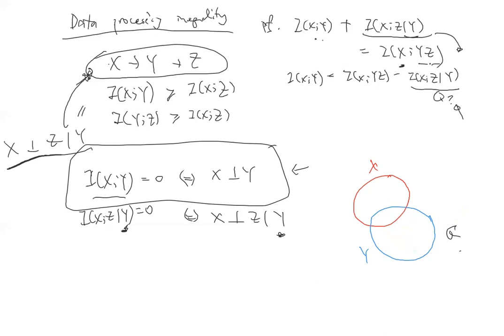See, X, Z given Y is 0. Yeah, that's what I tried to do. But this seems to imply that I(X;Y) is bigger than I(X;Z). So when I draw that, it implies I(X;Y) is bigger than I(X;Z), but I'm not sure this is always true.